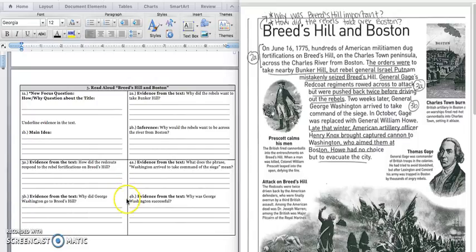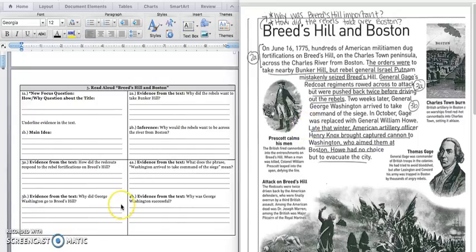It says, why did George Washington go to Breed's Hill? And if we go back into our text, the rebels, or the American militiamen, lost at Breed's Hill. And so George Washington came to take over command of the American army because they had lost.